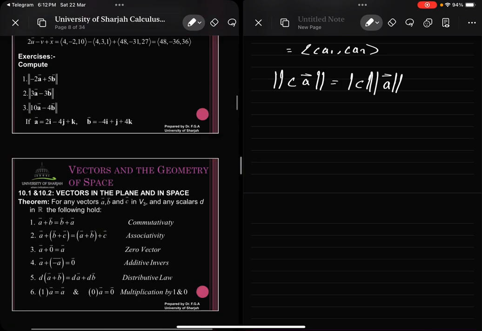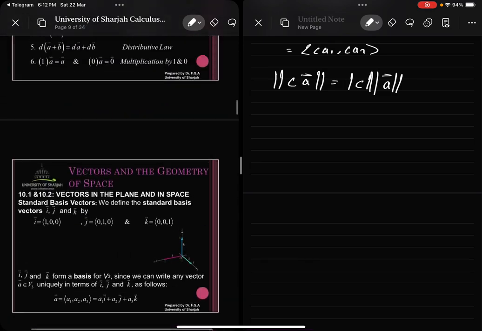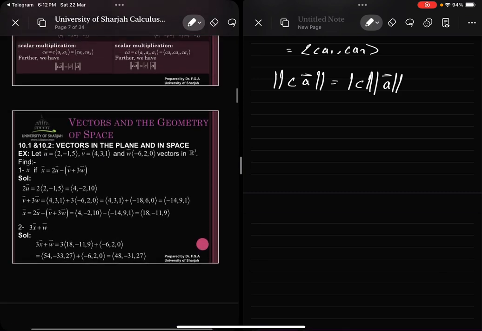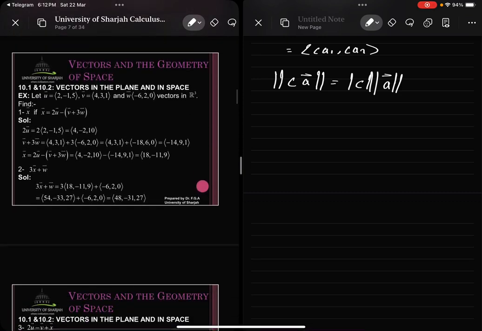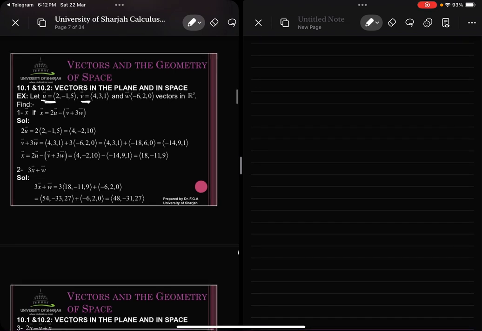So here you have an example. Let u be (2, negative 1, 5), v be (4, 3, 1) and w be (negative 6, 2, 0), and find x, where x equals 2u minus (v plus 3w). So we have u, v and w, and he wants us to find x.